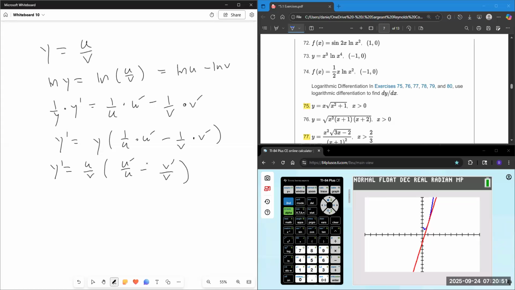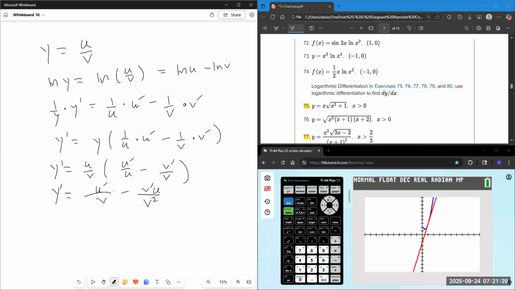And so the u is going to cancel in the first term here, and I get u prime over, and I'll write u before v. I'm sorry, u prime over v minus, and the v's will not cancel in the second term here, because this is in the denominator, this is v squared, and this is v prime u.